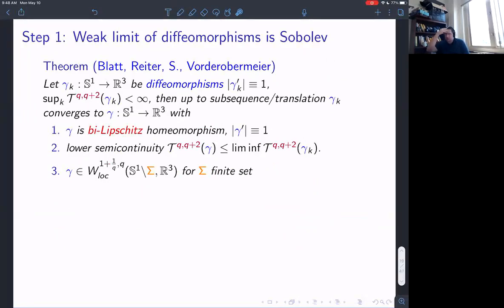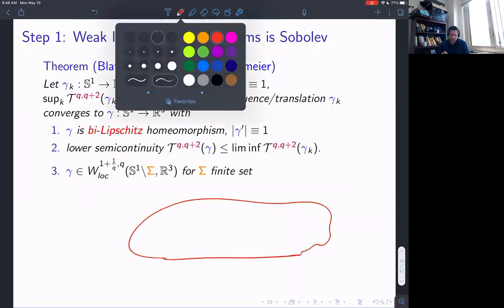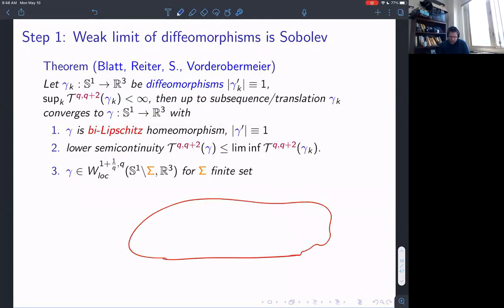So the first thing was we don't want to deal with these doubly covered straight lines. So what we have to rule out is that if we have a nice diffeomorphism, like a minimizing sequence, which now looks like a sphere because that's the only thing that I can draw, what I don't want to happen is that this converges to the straight line without going through infinity.